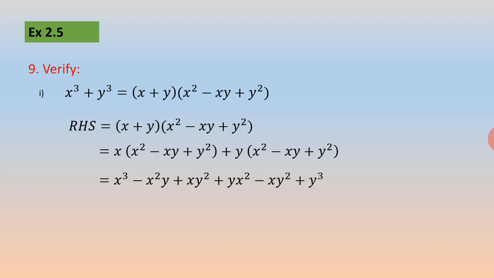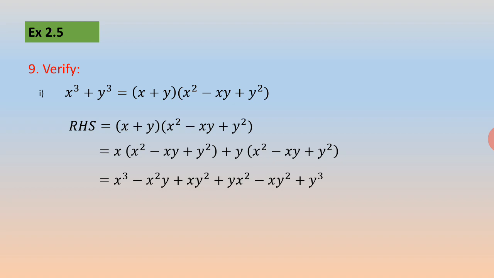Now study all these 6 terms. You will see that there are certain terms which are similar with opposite signs. So they cancel each other. Plus x cube minus x cube gives you 0.